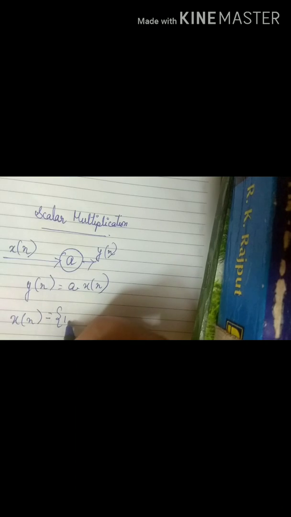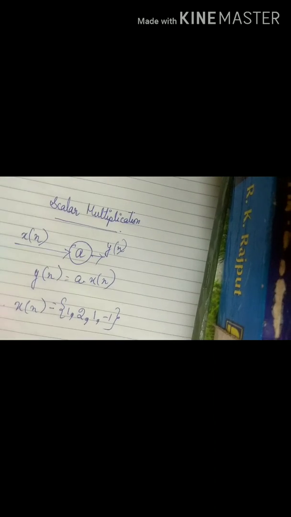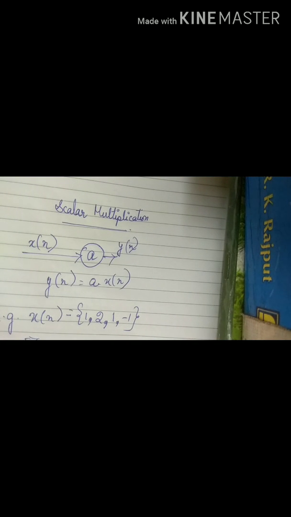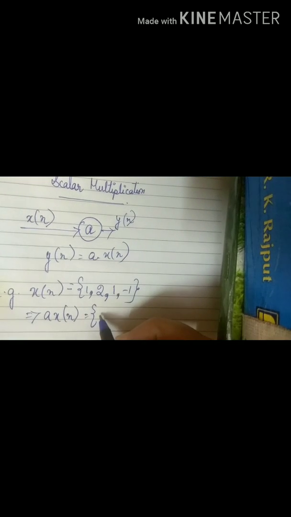So if the sequence for the signal x(n) is equal to 1, 2, 1, -1, this is just an example, then I can say the signal a into x(n) will be equal to a into x(n), right?